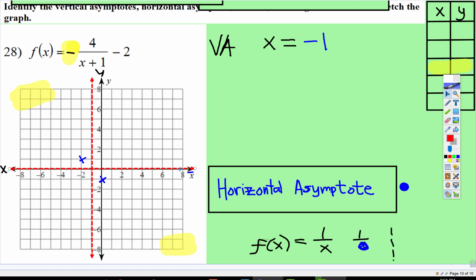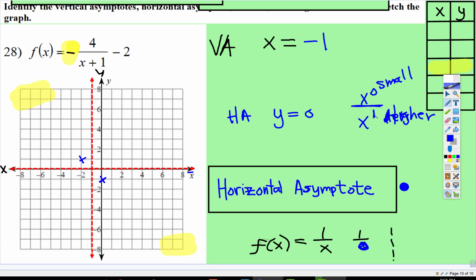Now we also have a horizontal asymptote that's at y is equal to 0. This is a little bit tricky. The reason we have a horizontal asymptote where y is equal to 0 is because the x in the numerator is smaller than the x in the denominator, meaning the exponent is smaller.